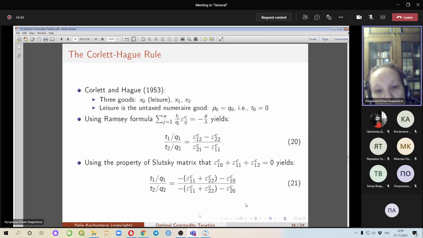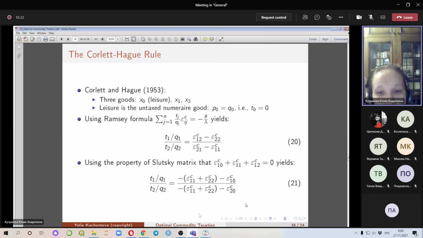There are just two terms: epsilon 1,1 multiplied by T1 divided by Q1, plus epsilon 1,2 multiplied by T2 divided by Q2, and this is equal to the constant minus theta divided by lambda. And the same thing we can do for the second good, when i is equal to 2 and g runs from 1 till 2.